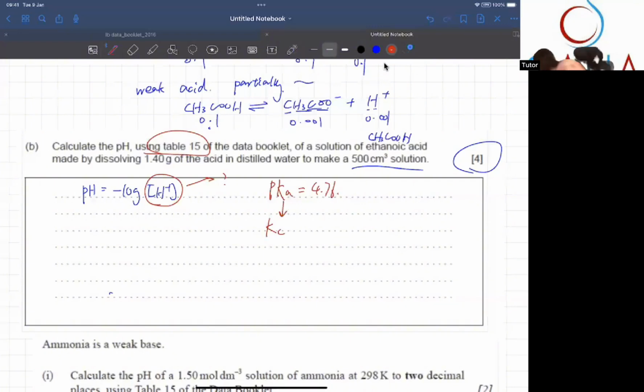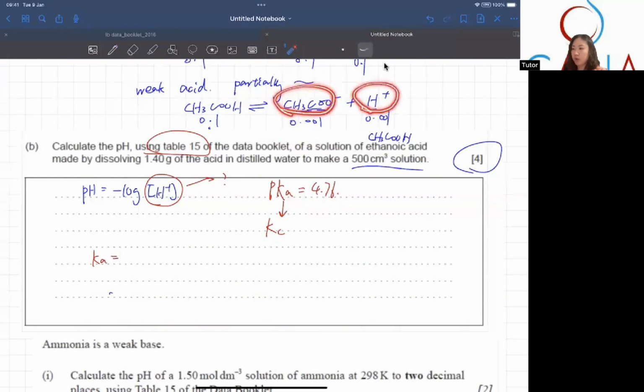Ka is actually the equilibrium constant for acid exclusively. A stands for acid. Remember, we said since the weak acid partially dissociates, there is an equilibrium established between them. So in this case, the Ka expression will be exactly like Kc.